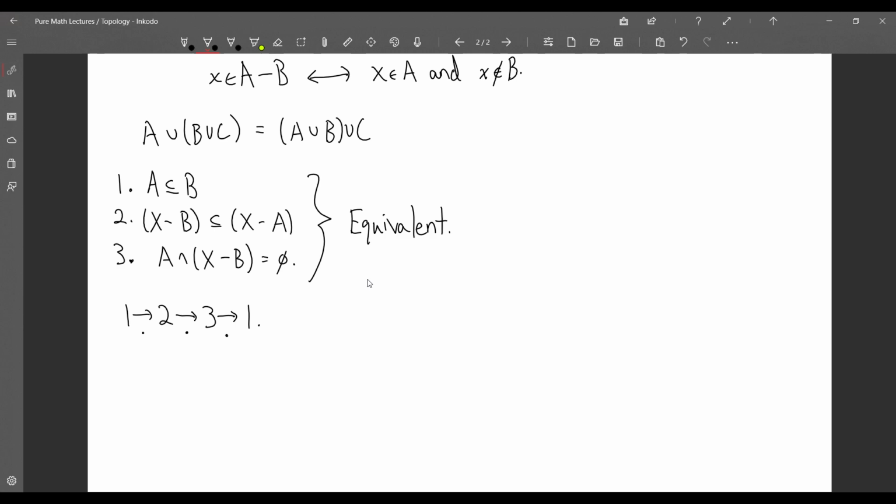So as a matter of example, let's just do 1 implies 2, right?